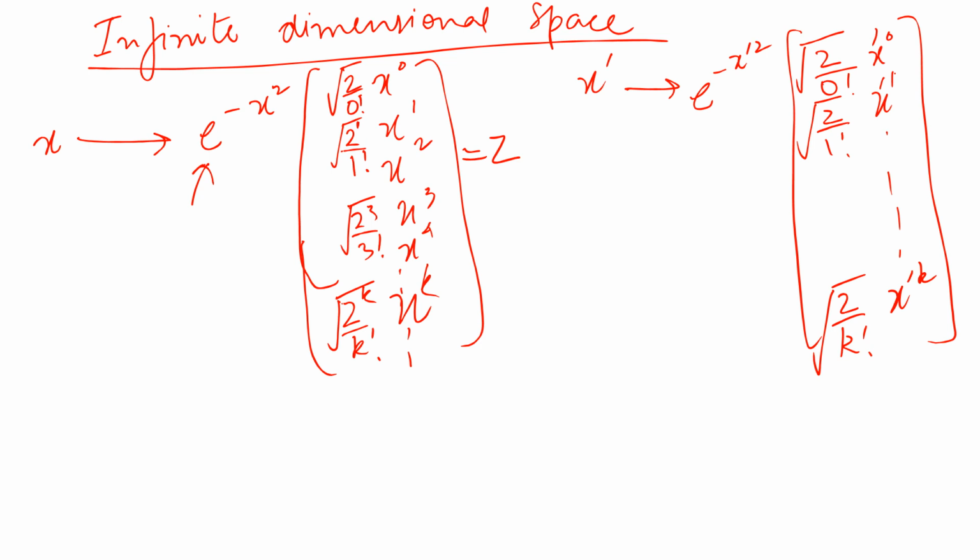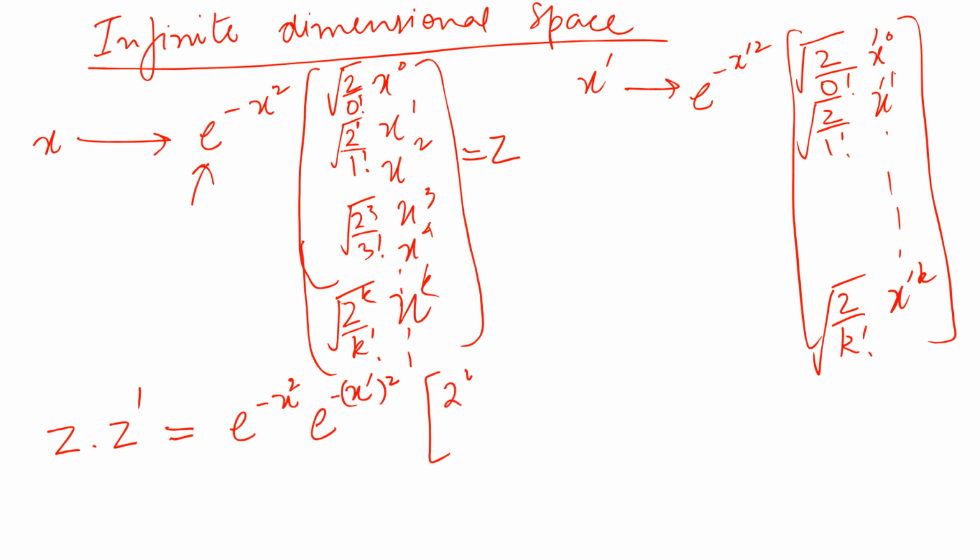So if we were to actually go into the space and compute the dot product, then what happens? Well, I'll have z dot z prime, which is going to be my e to the minus x squared, e to the minus x prime squared, and then I'll have these terms multiplied, right?